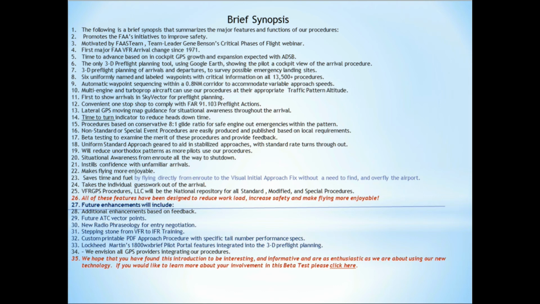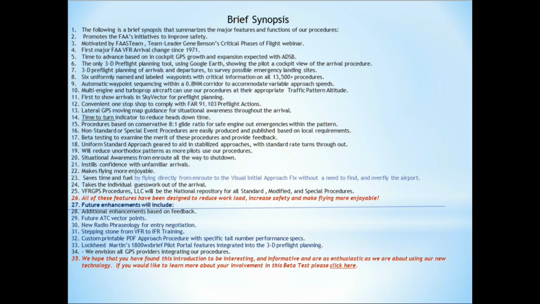Uniformly named and labeled waypoints with critical information on all 13,500 plus procedures. Automatic waypoint sequencing within 0.8 of a nautical mile corridor to accommodate variable approach speeds. Multi-engine and turboprop aircraft can use our procedures at their appropriate traffic pattern altitude.